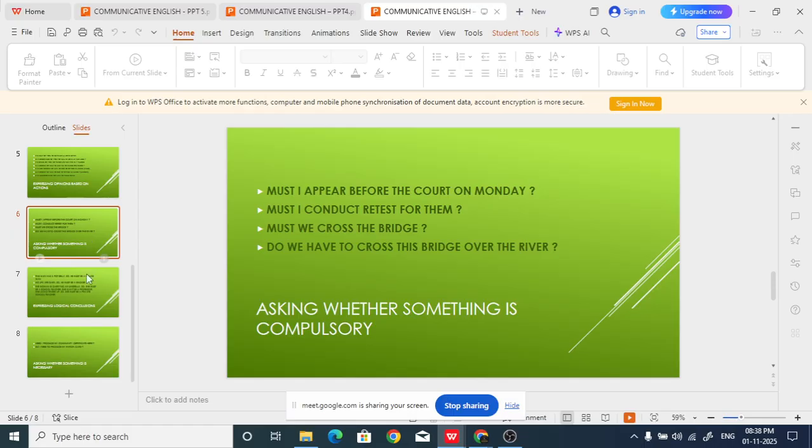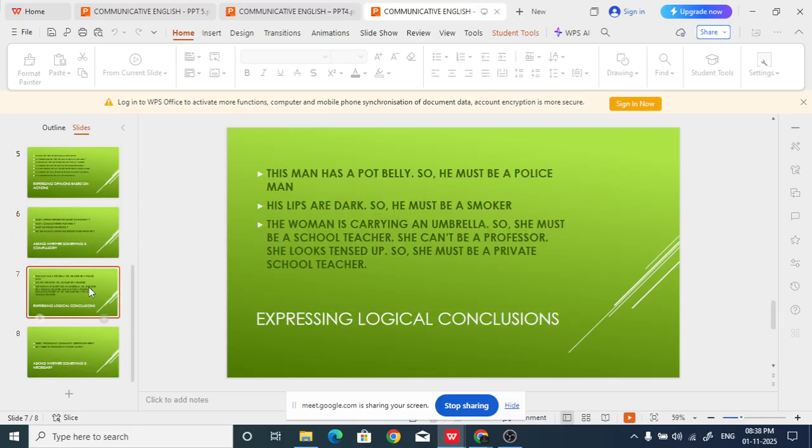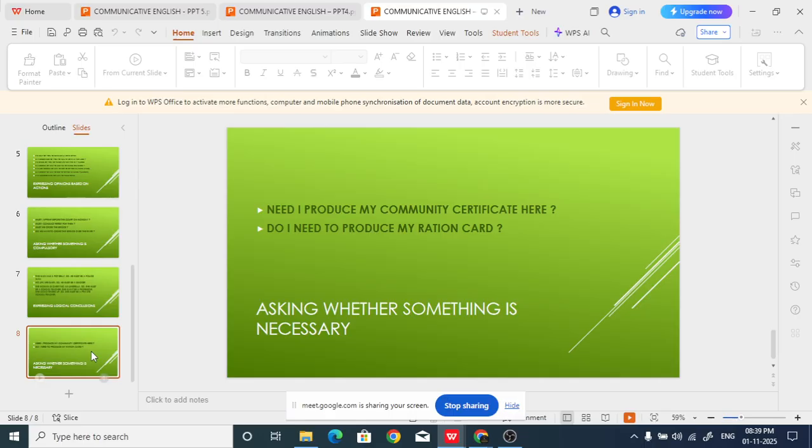Here, expressing logical conclusions, you use so. Many of you know this. It is dark, so I switched on the light. Something like that.